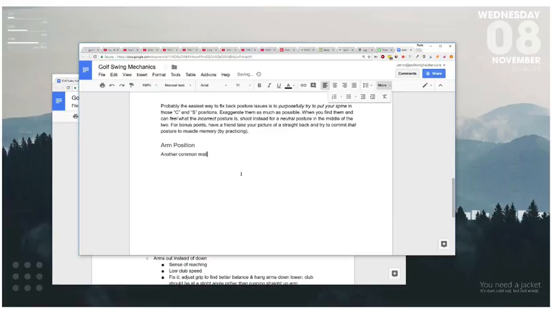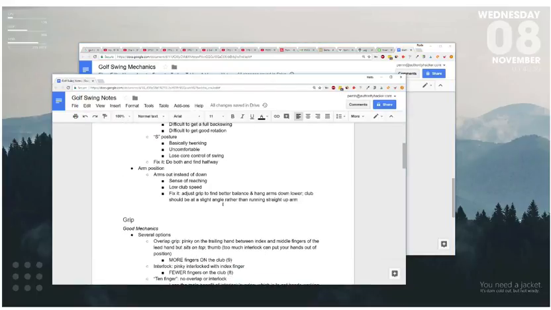Another common golf posture mistake is bad arm position.